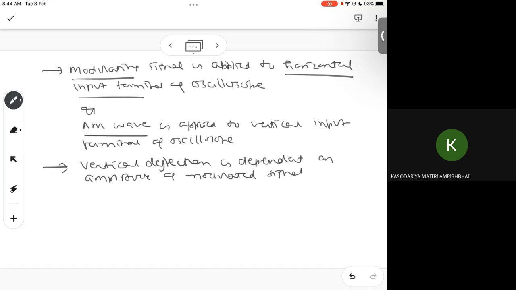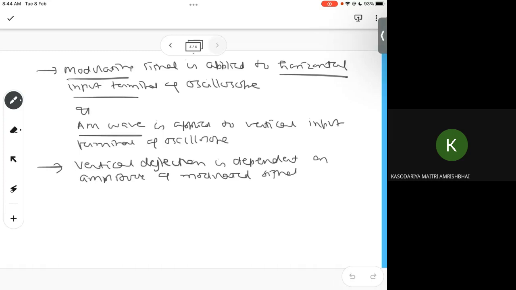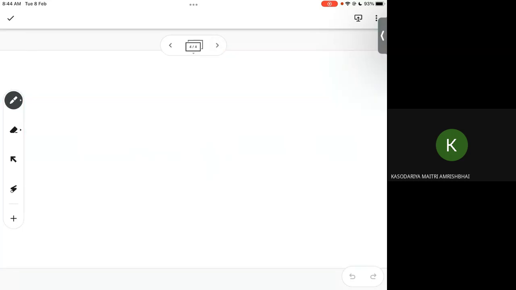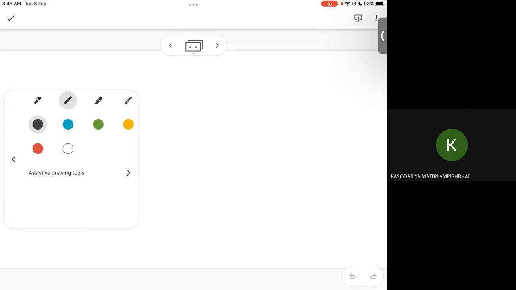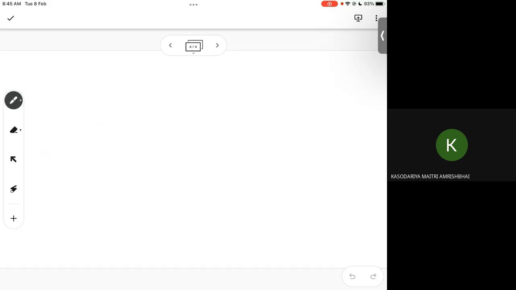So basically we see various patterns, something like this. How do we see the patterns? We'll apply various modulation indexes. So let's say there is an oscilloscope, because in the oscilloscope we are seeing time versus voltage.